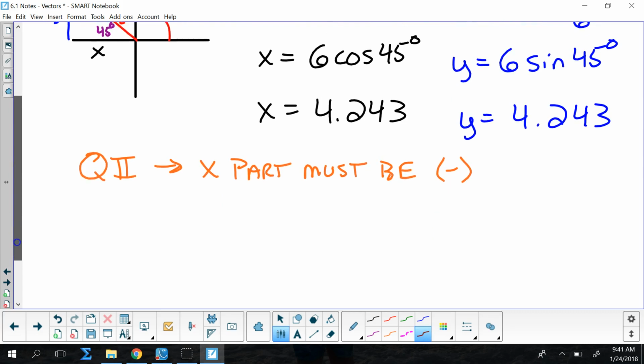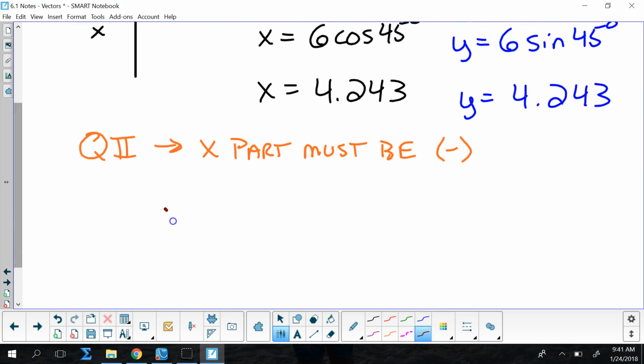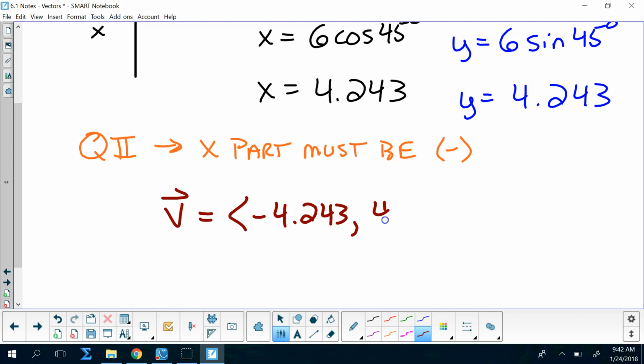So really, my vector v here is negative 4.243, comma, 4.243.